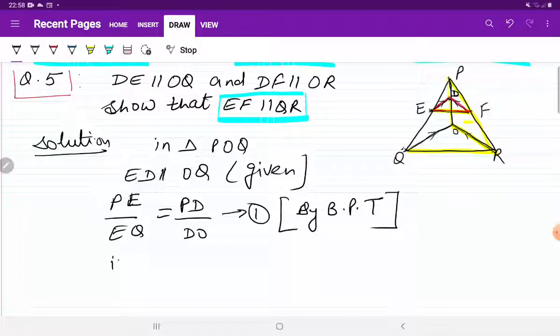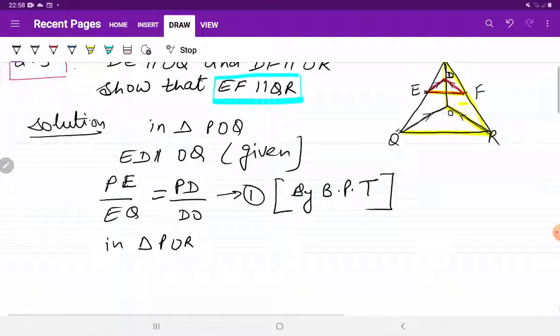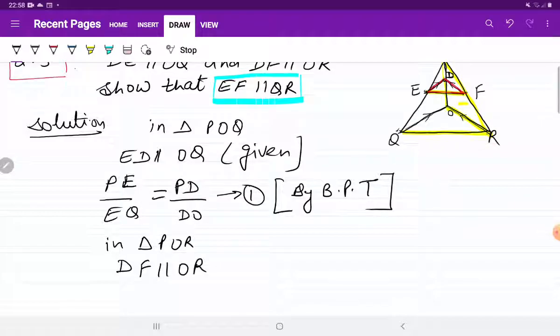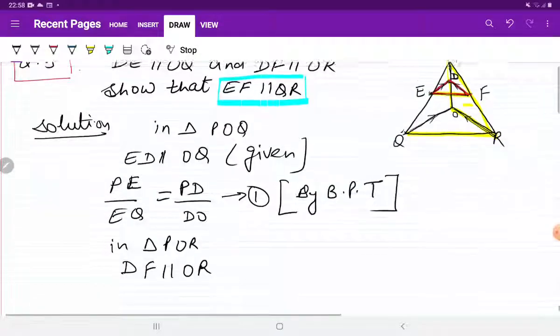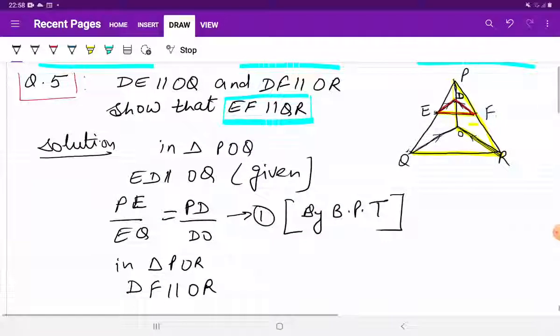In triangle PDR, side DF is parallel to DR. Again, the sides are parallel, so the other two sides will be in the same ratio according to Thales theorem.